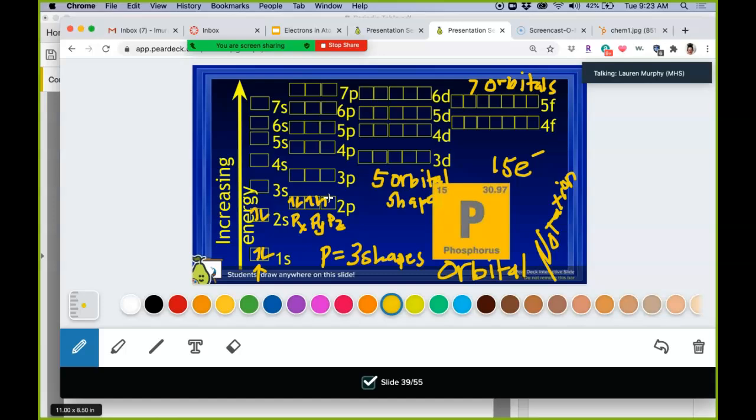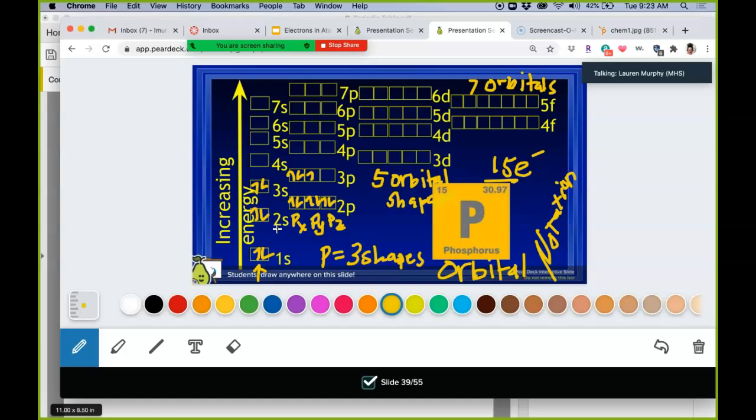And again, these lines are electrons. So I have 1, 2, 3, 4, 5, 6, 7, 8, 9, 10. I need 15, right? It's atomic number 15. So I'm going to keep going. Fill this in. 1, 2. Now, 1, 2, 3, 4, 5, 6, 7, 8, 9, 10, 11, 12.